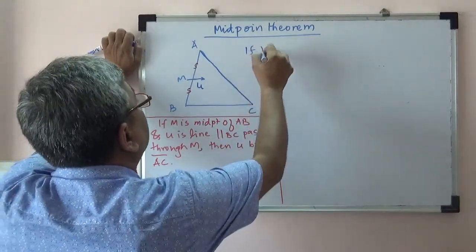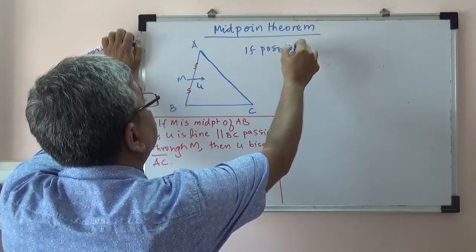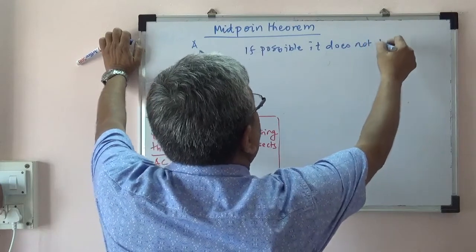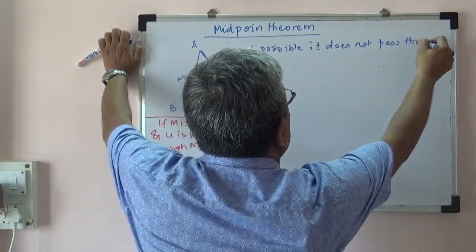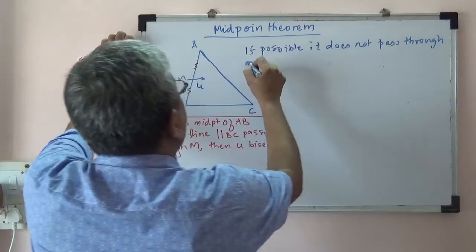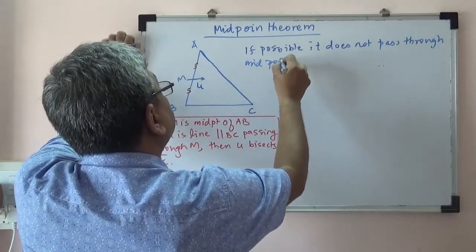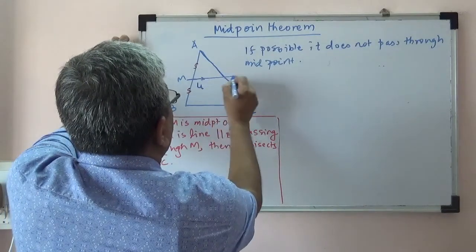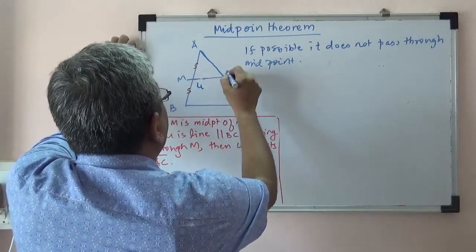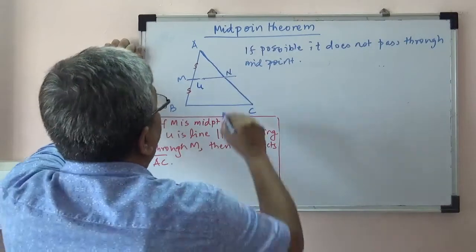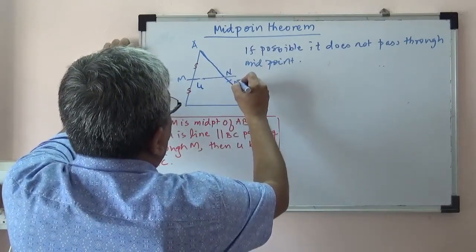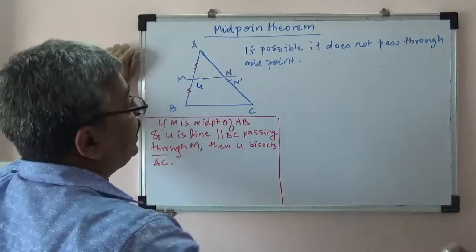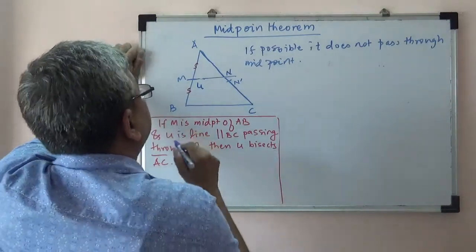If possible, suppose it does not pass through the midpoint. Right? So suppose this line U is passing through N and it is not the midpoint, then I can always construct the midpoint N dash. N dash is the midpoint of AC and N is not, if possible.